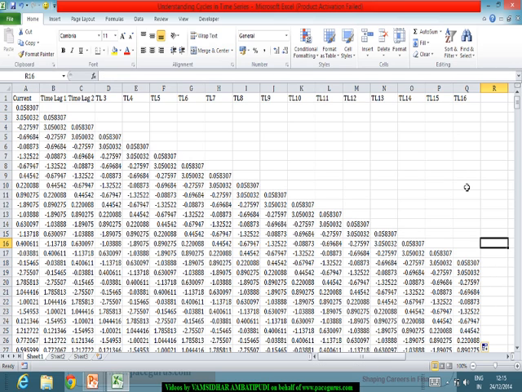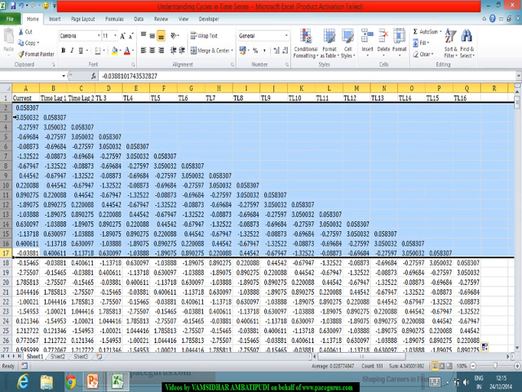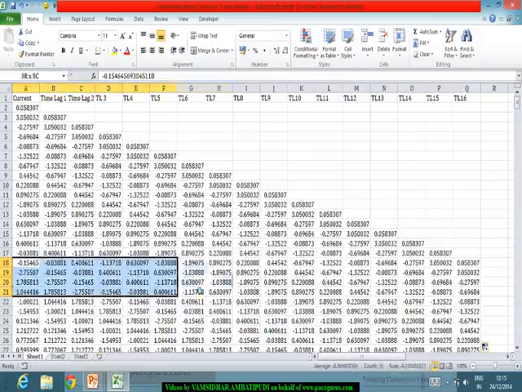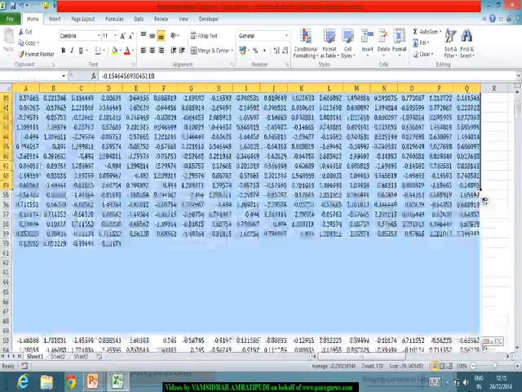Okay, I have taken 16 different time lags, and just to bring uniformity in all of them, I am deleting all these records, or probably let me take them from here to here.